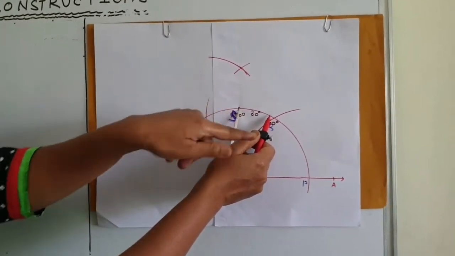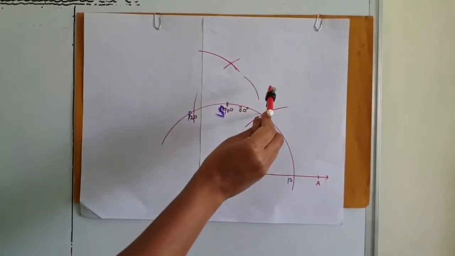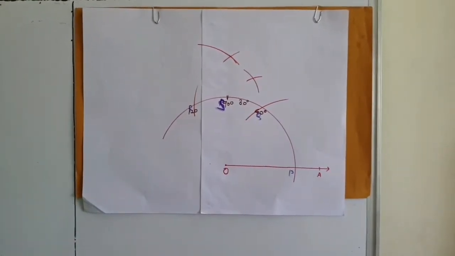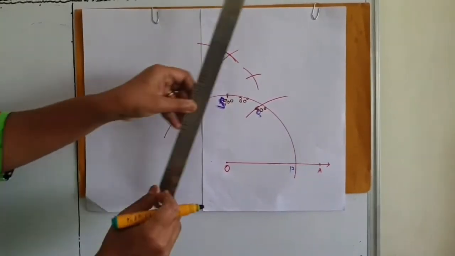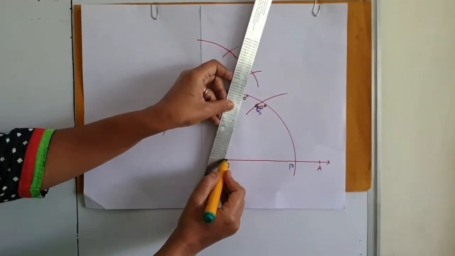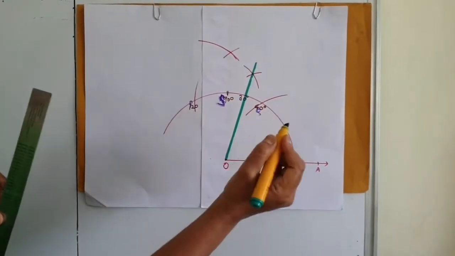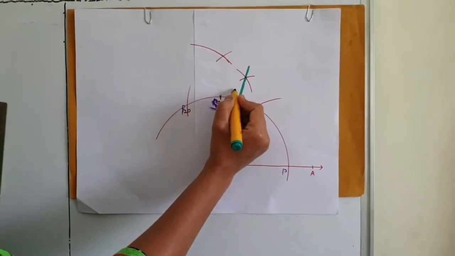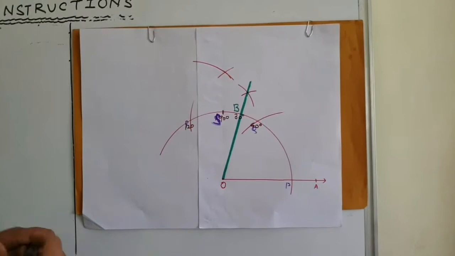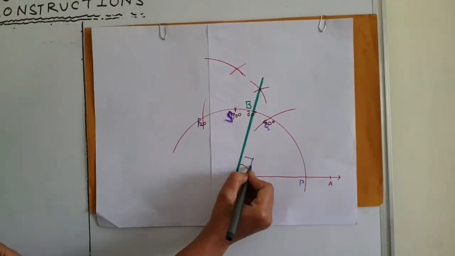So taking S and Q as centers and radius more than half of QS, draw intersecting arcs. So this is how we get the angle which is cutting the arc here at, we can say, B. So this is 60 degree plus this 15 degree, total 75 degree.